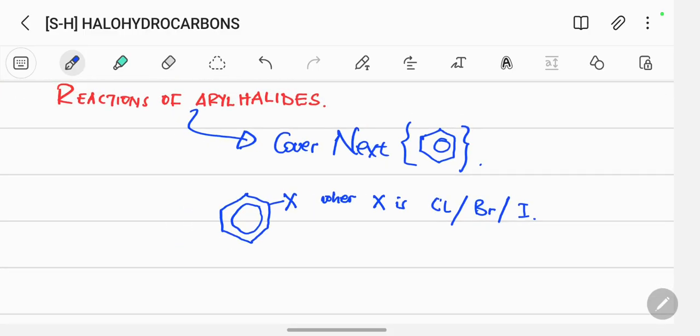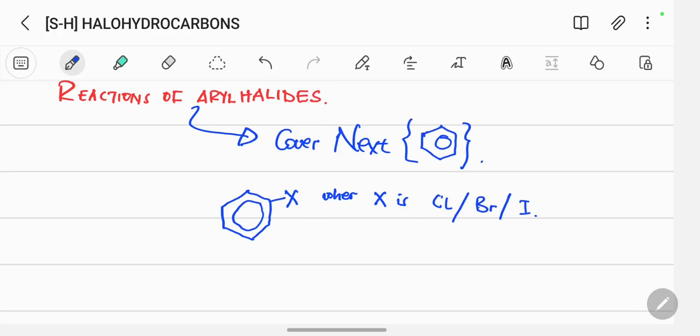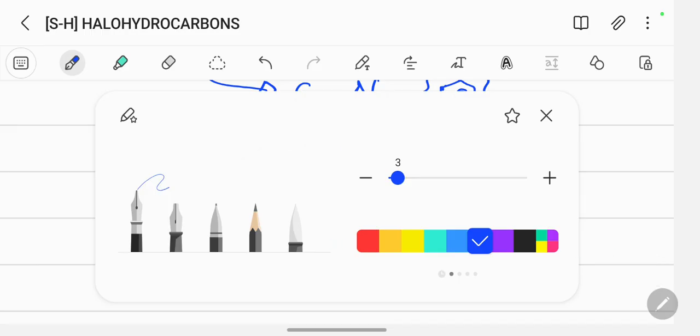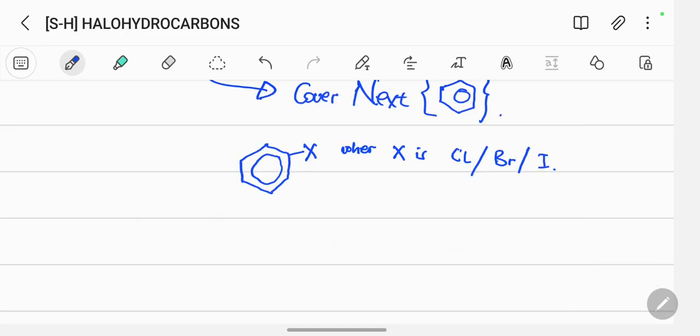So how do we distinguish these ones? When we use hot silver nitrate solution and ethanol, or I'm going to use the lab test to distinguish them. I'm going to use the laboratory test.